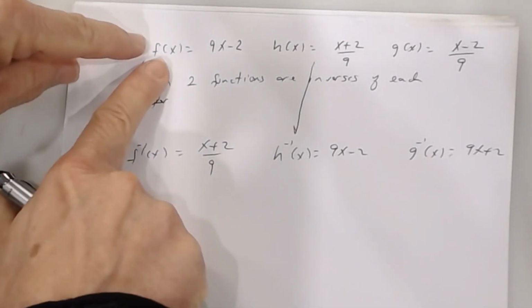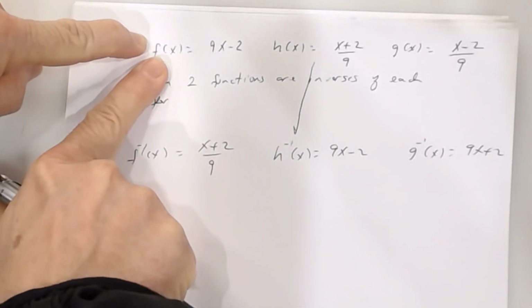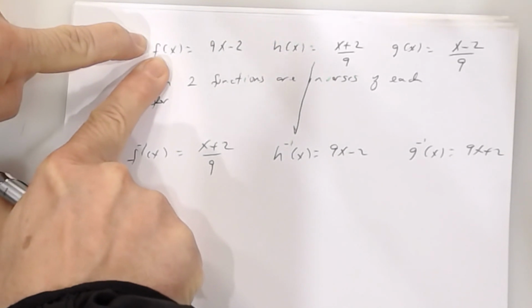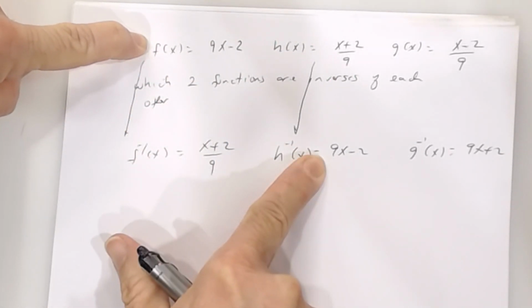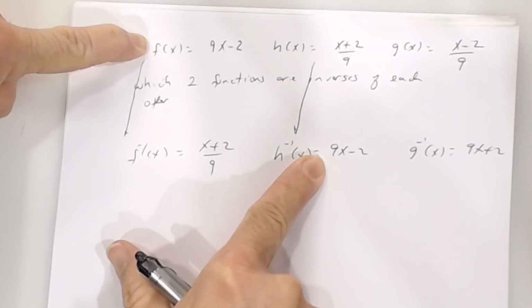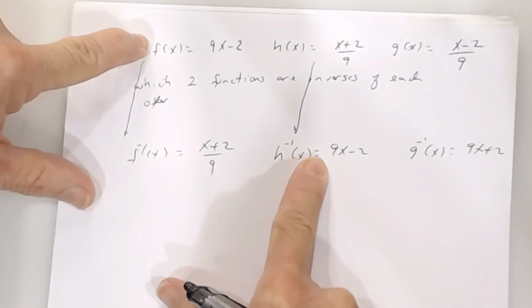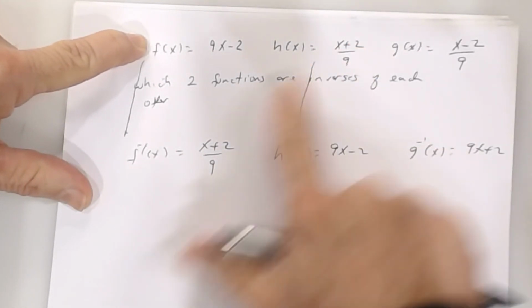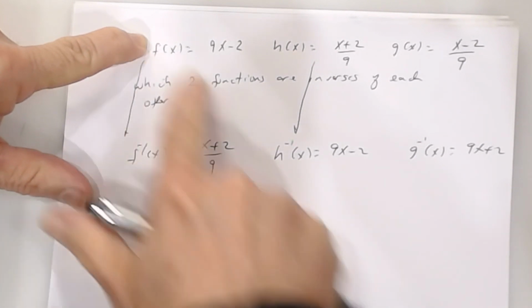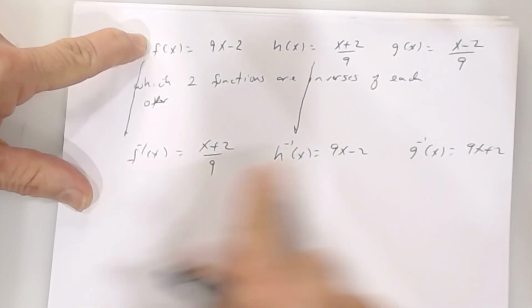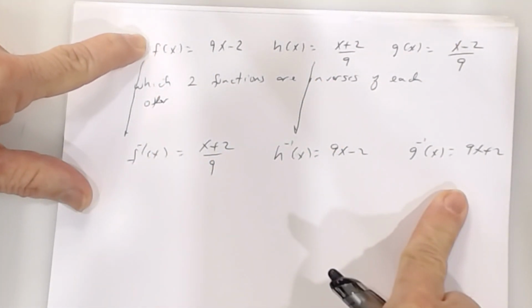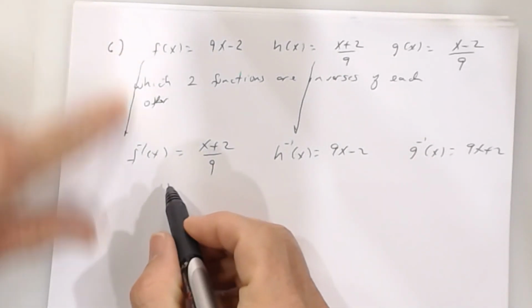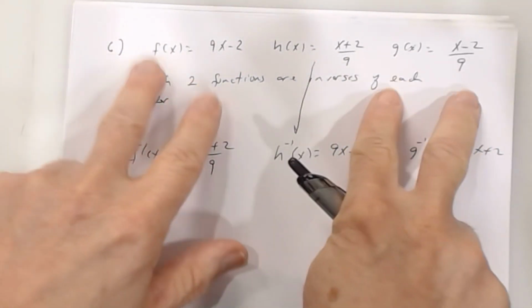So, F inverse is the same as what? That one, right? And that came from which one? See how these right here are the same? And this is totally different. So which two of these functions are inverses of each other?